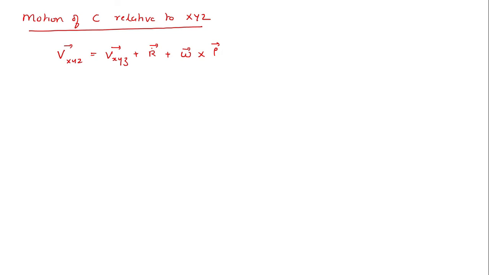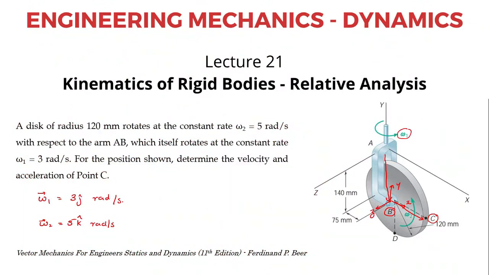We have already obtained the velocity with respect to small xyz, which is 0.6 j'. At this particular instant shown in this figure, j' will be equal to j, i' will be equal to i, and k' will be equal to k.